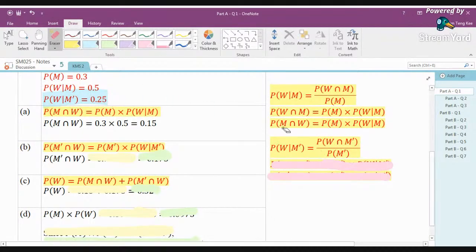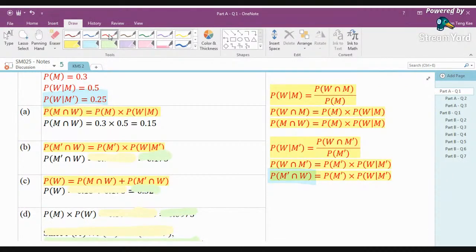Based on the same idea, this is how we find the result, where P(M prime intersect W) is given by P(M prime) multiplied with the conditional probability P(W given M prime). Therefore, with this idea, I can have the result as follows: P(M prime) multiplied by P(W given M prime).